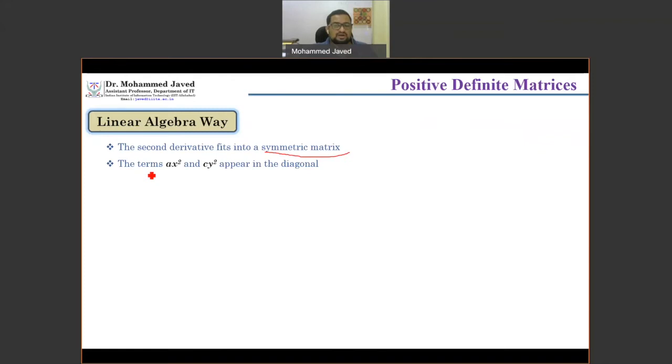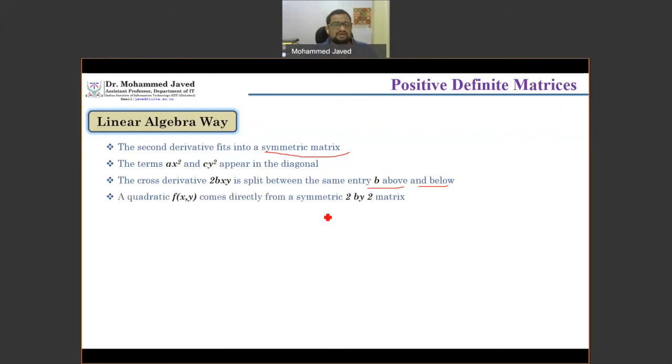So now the terms ax square and cy square appear on the diagonal. I will show you this one. The cross term 2bxy is split between the same entry b above and below. Okay, above and below. I will just show you how it can be represented.